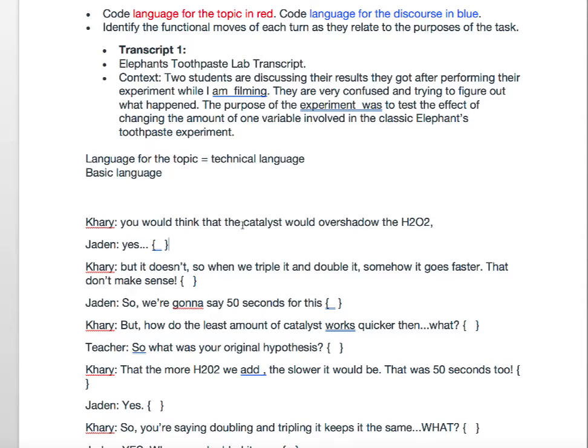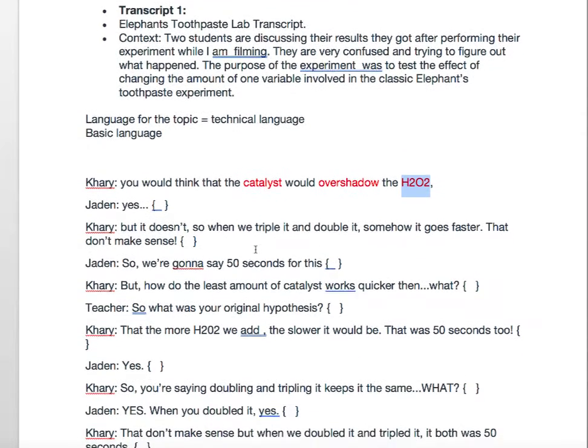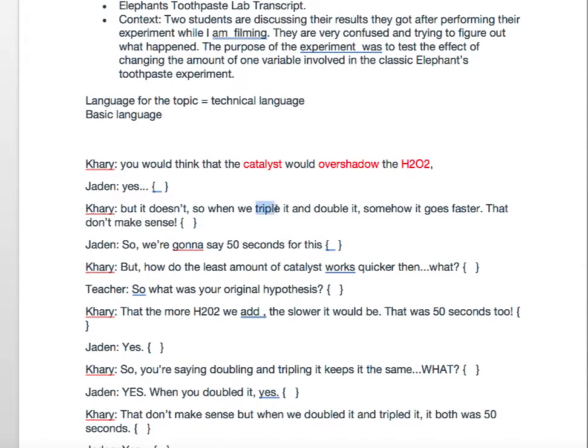But we'll just take it as it goes. So definitely, I think catalyst was one. Overshadow is another one. H2O2 is another one. I think triplet and doublet, these are mathematical functions, so I would actually code those red.